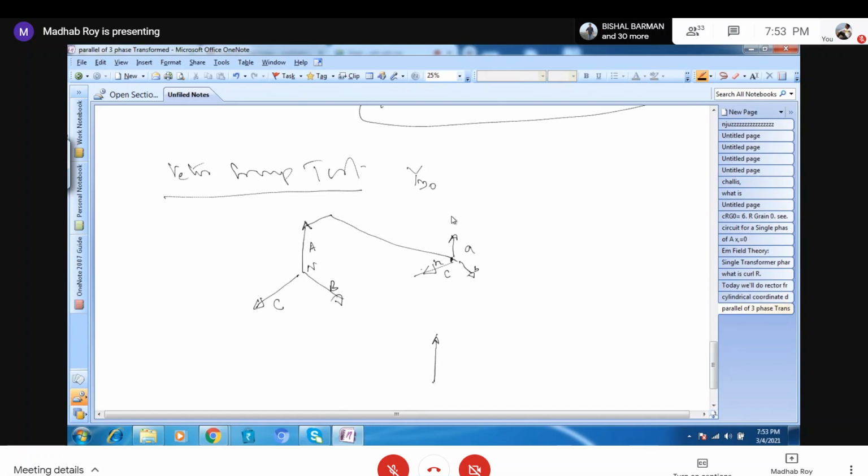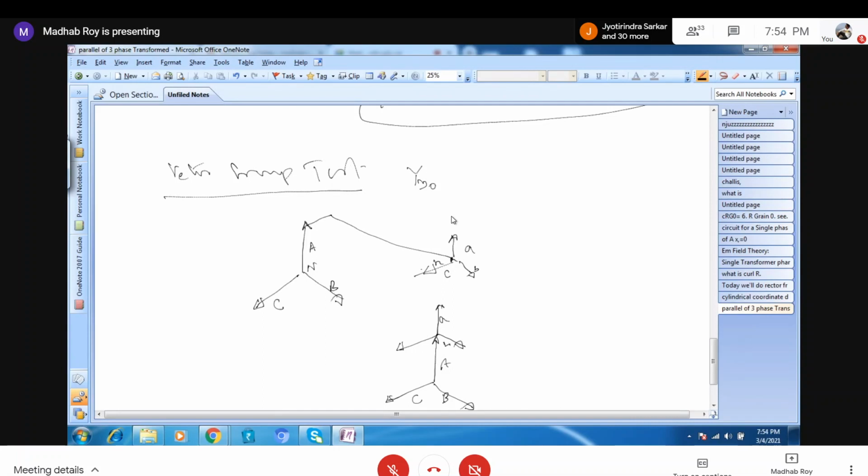You can say that it will be a superposition of this, where you see this will be A, this will be B, this will be C. So what we have done here, connection is here. So this is the connection diagram.